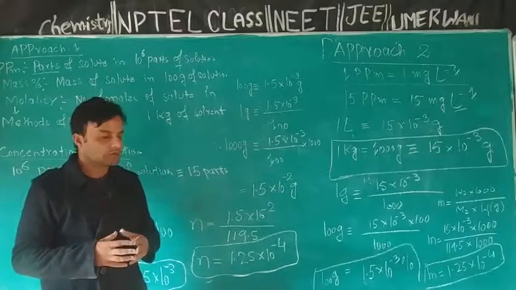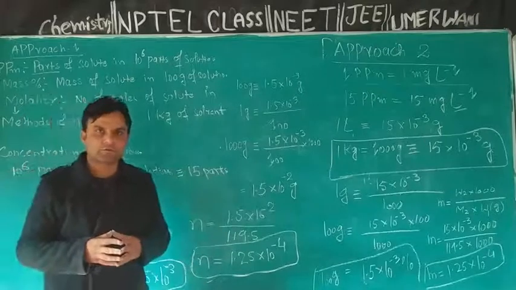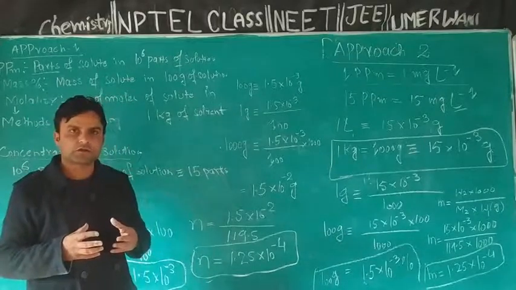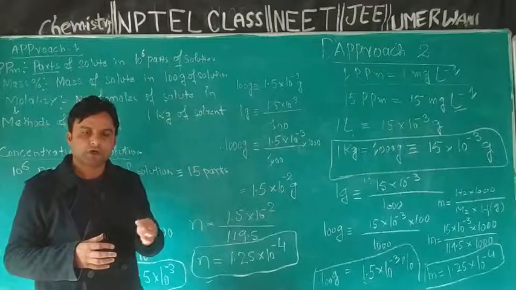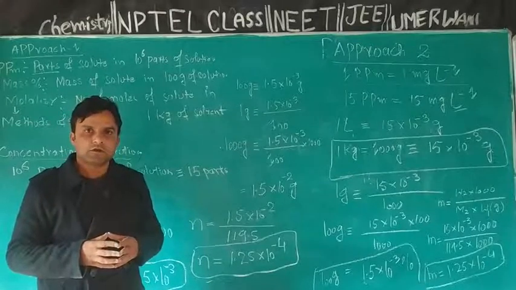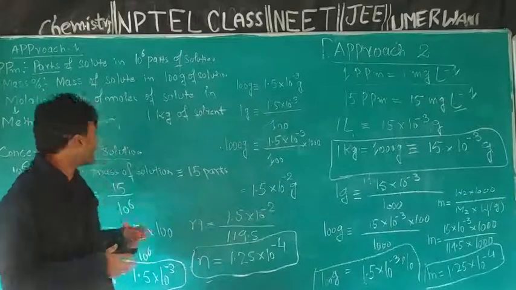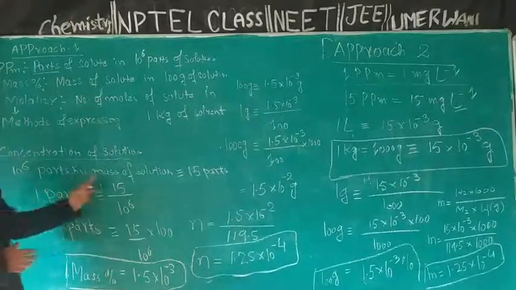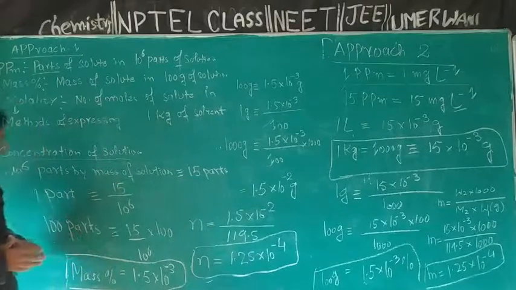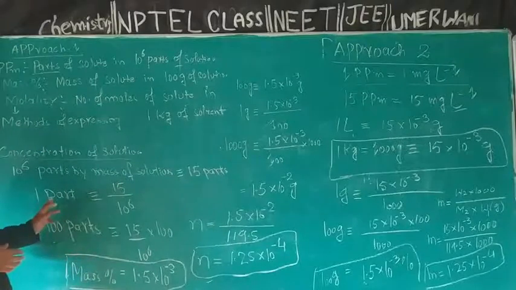We move to second step. In second step we had to calculate mass percent. Mass percent means mass of solute present in 100 grams of solution. As we know that 10⁶ grams of solution contain 15 grams of chloroform, I used unitary method.